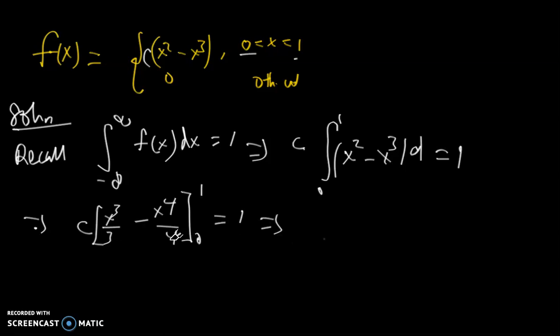This implies that c times 1 over 3 minus 1 over 4 is equal to 1.